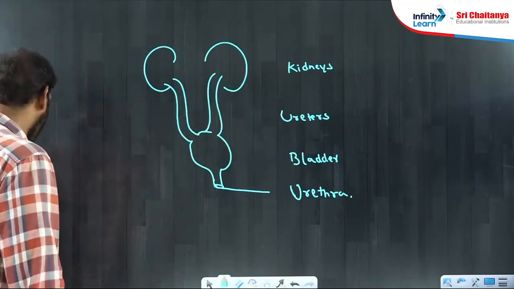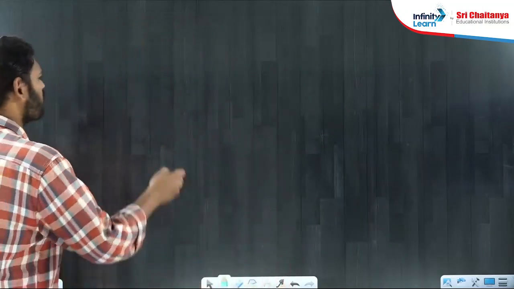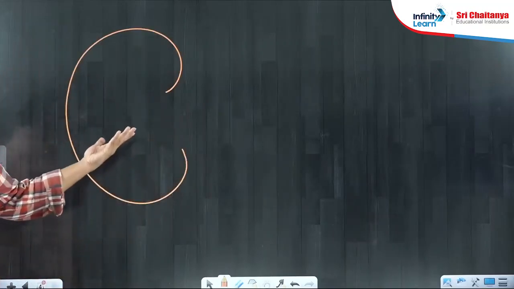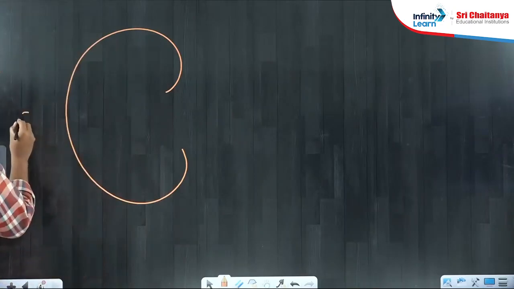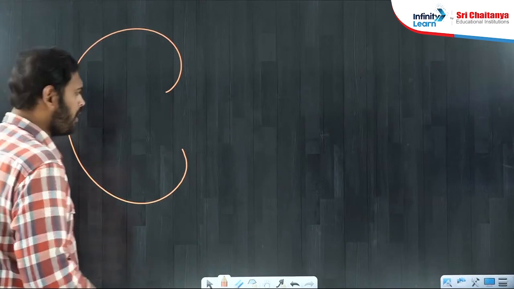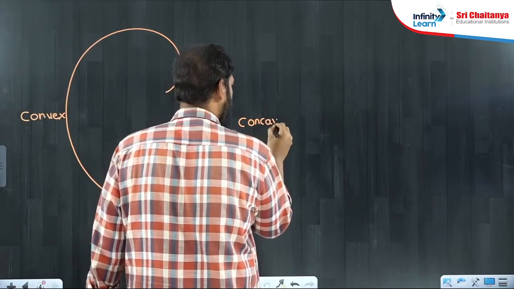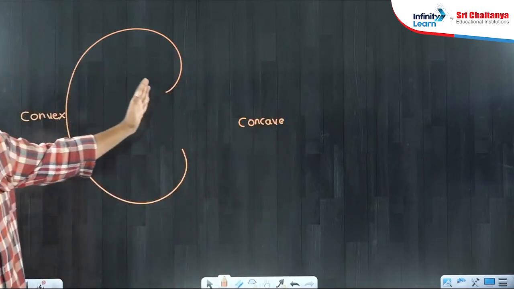So kidneys are bean shaped, reddish brown organs. A kidney has both a convex surface as well as a concave side. This was convex, this was concave.